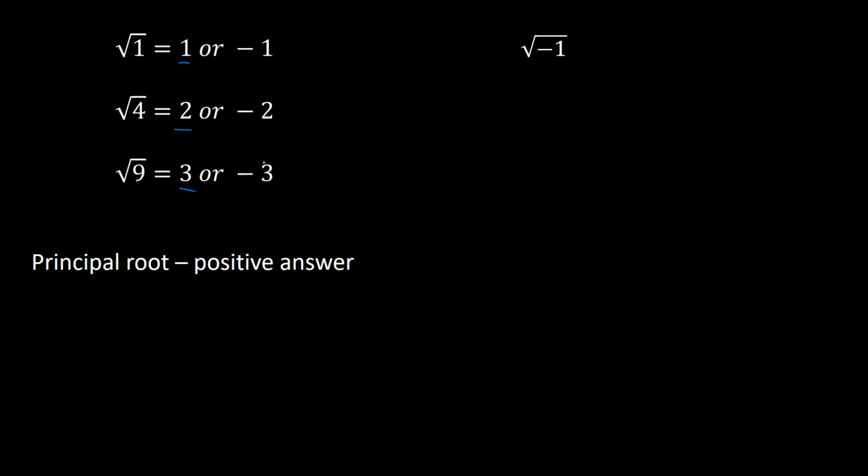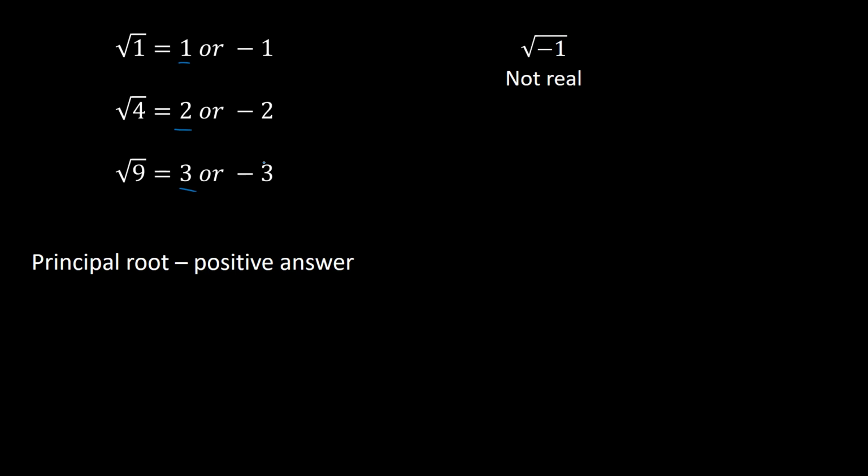Now if you have the square root of a -1, this one is kind of a trick question because there really is nothing squared that will give you a -1. If you take 1 squared, it equals positive 1. -1 squared would still be a positive 1. So the square root of -1, we call that a not real number.